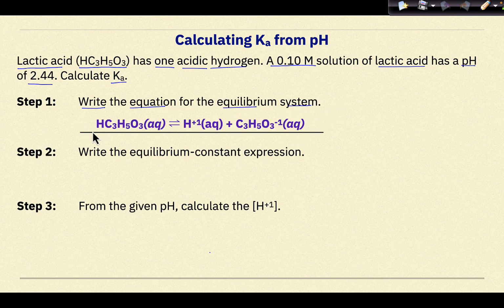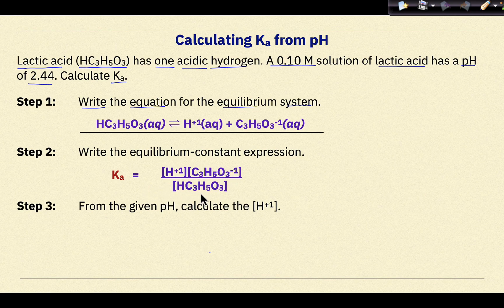So we would write HC3H5O3 ionizes to form H+1 plus C3H5O3 minus 1. The next step is to write the equilibrium constant expression. So we would write Ka equals our hydrogen ion concentration times the concentration of the lactate ion divided by the concentration of lactic acid.